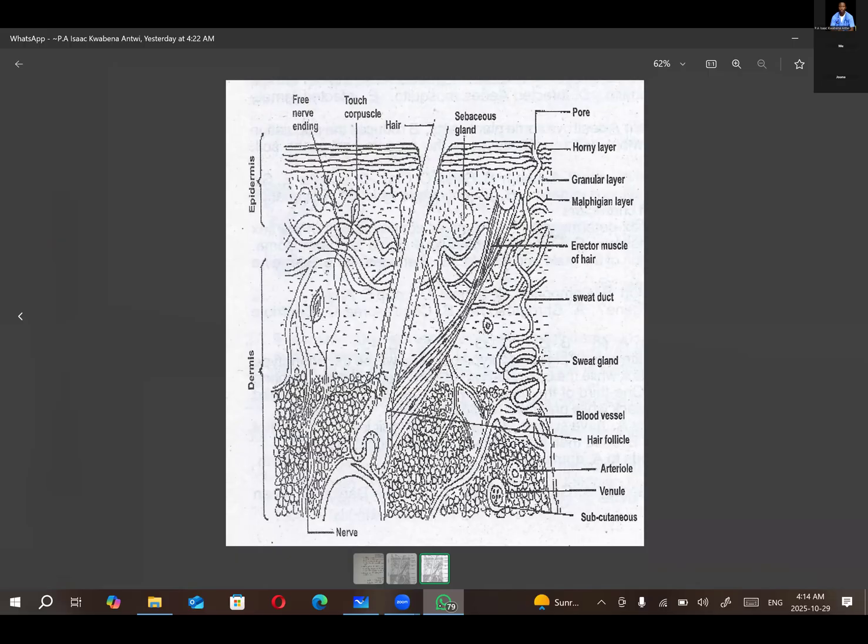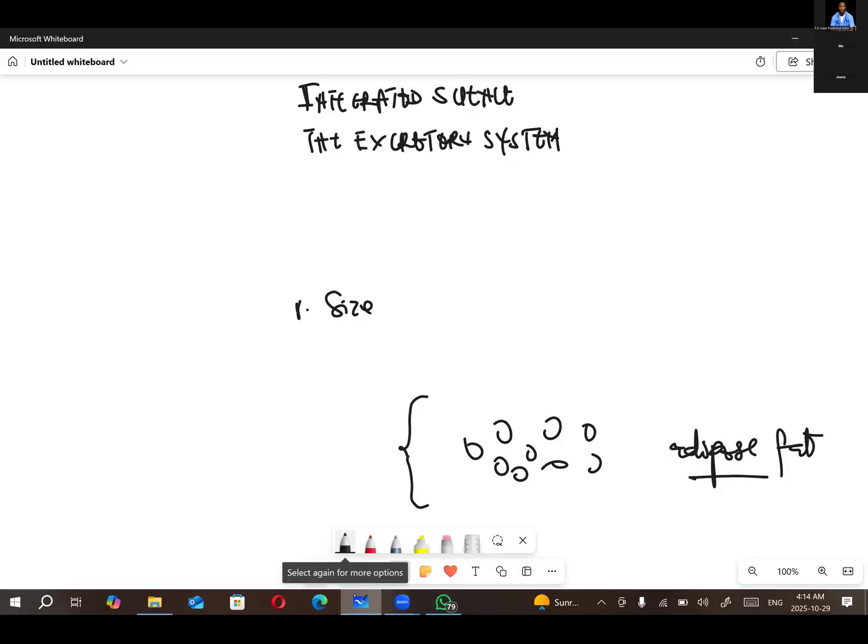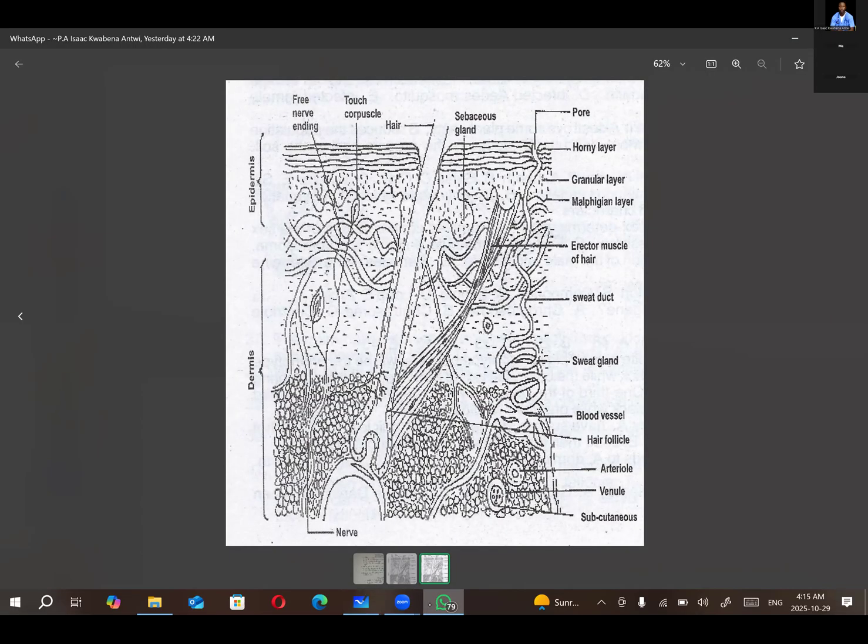When it stands upright, that's what forms bumps on our skin called goosebumps, right? In case you're wondering how it's spelled: goosebumps. We said that yesterday. Again, the erector muscle is responsible for the contraction and relaxation of what? The hair.